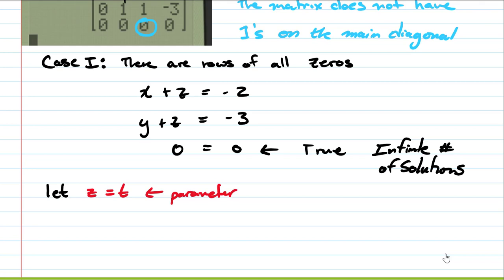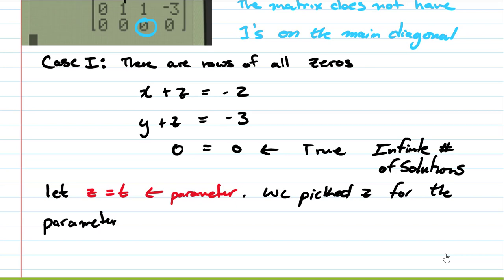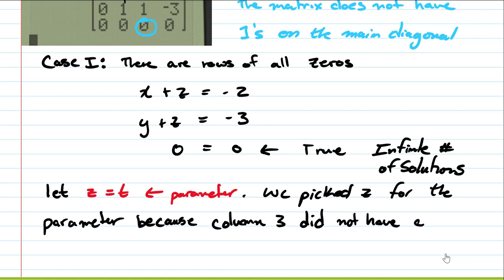So it's worth noting, we picked z for the parameter because column 3 did not have a leading 1.